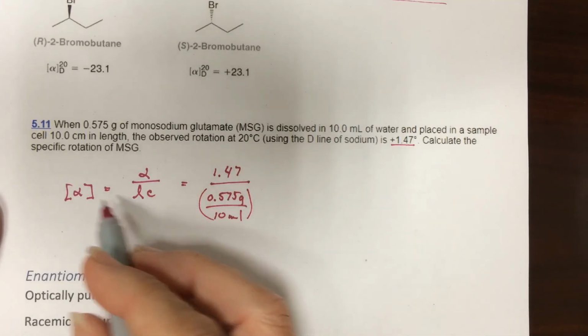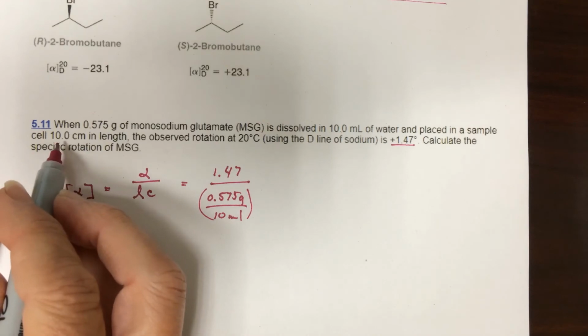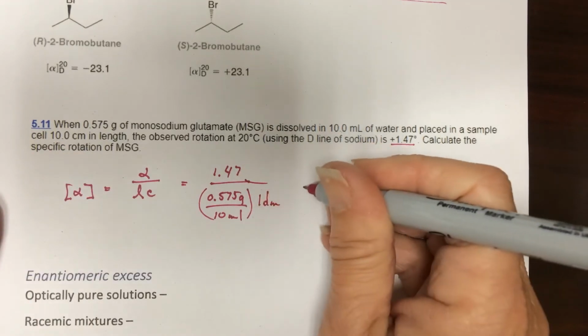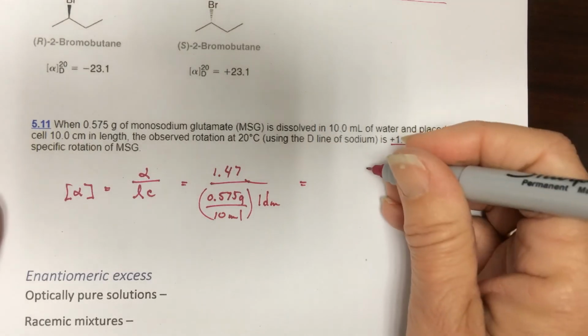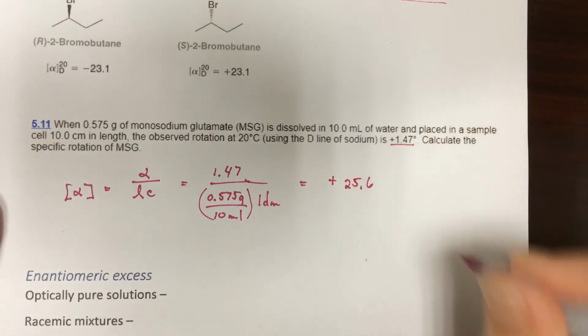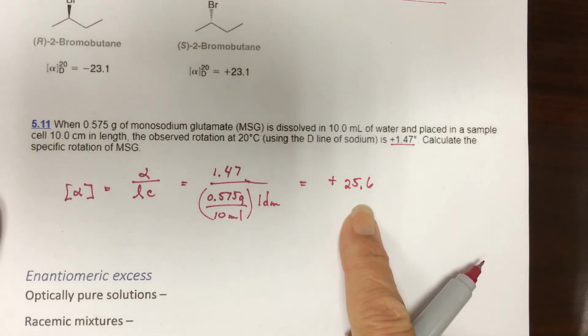And our path length is given in centimeters, but we can quickly calculate that that is 1 decimeter. And we get a positive rotation of 25.6. And that would be a figure that is look-upable.